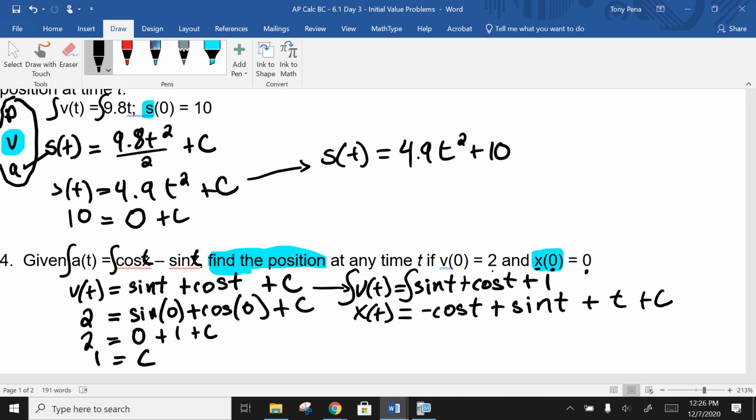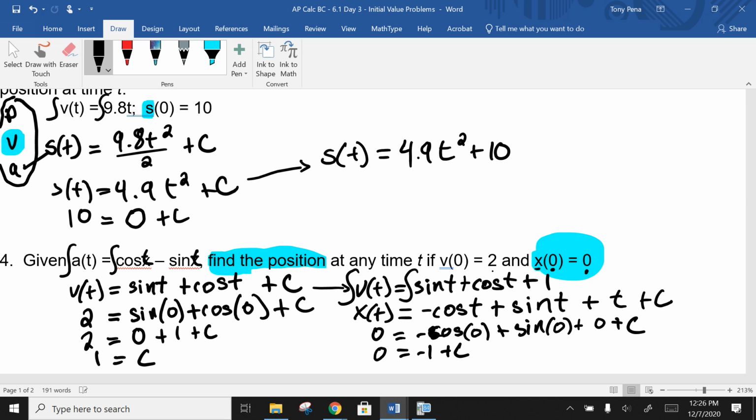And then finally, to figure out that c, we now use this entire piece of information here, that at the time of 0, our position is 0. So you let all the variables become a 0. So a lot of zeros, but it doesn't zero out.